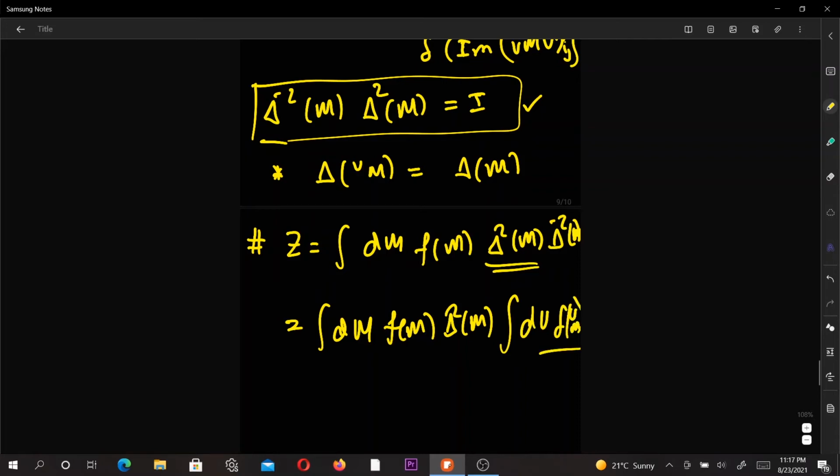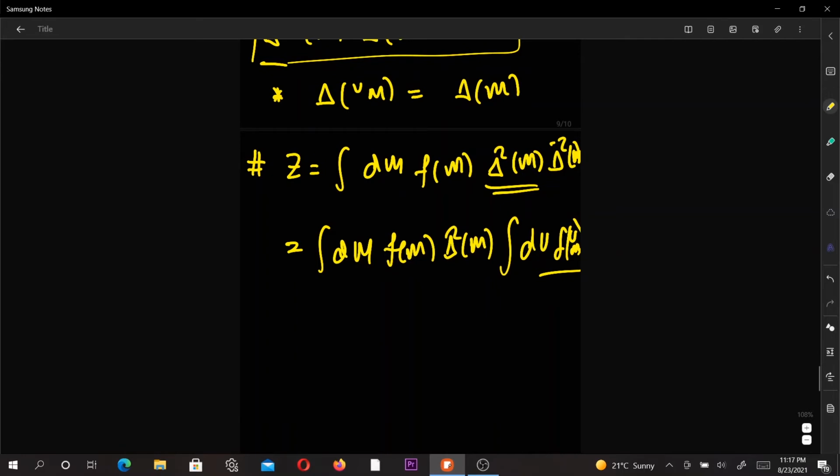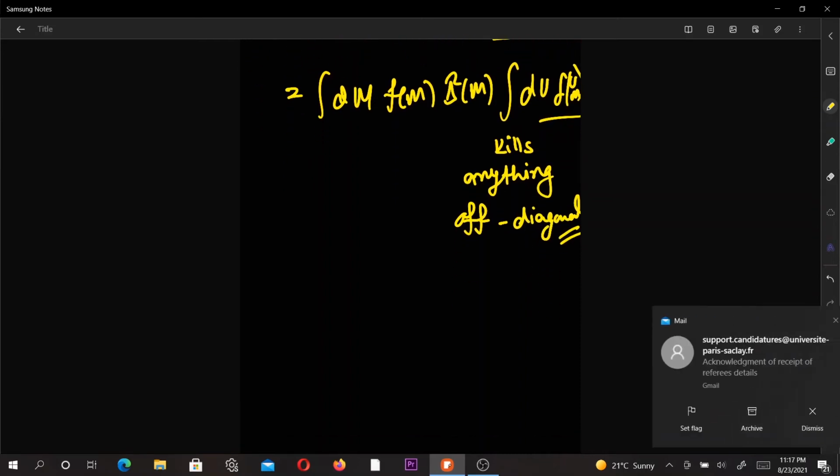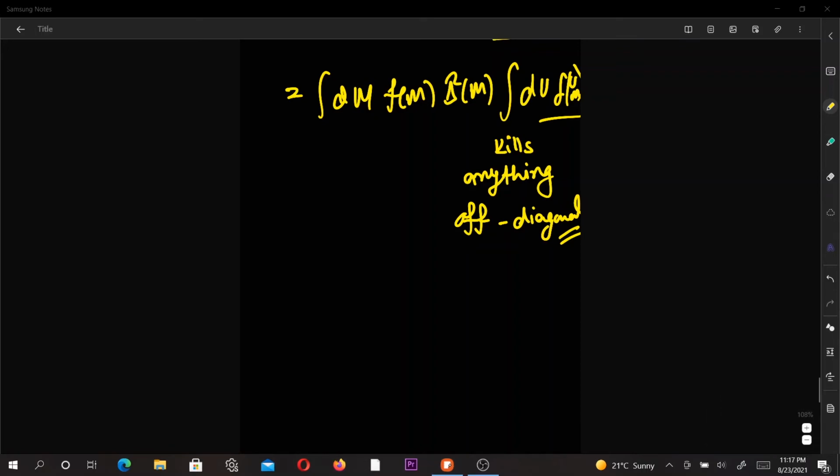So what this delta function is doing is killing anything that is off-diagonal. So what we are left with is just the diagonal version of this, right?